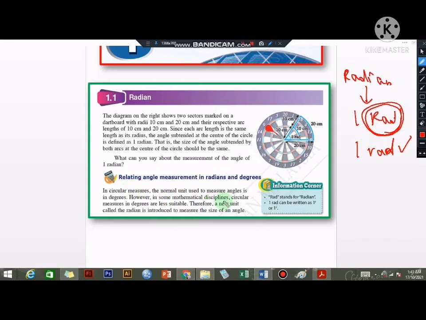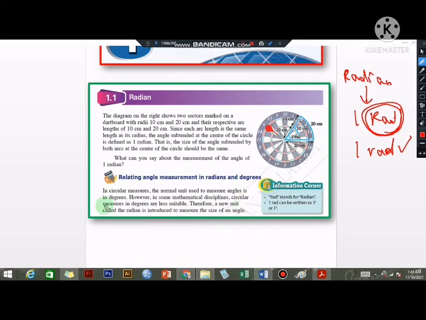Why? Because look at this one. In circular measure, the normal unit used to measure angle is degree. Okay, before this is the basic knowledge you learned in maths. However, in some mathematical disciplines, circular measure in degree is less suitable. So that's why a new unit called the radian is introduced to measure the size of an angle.